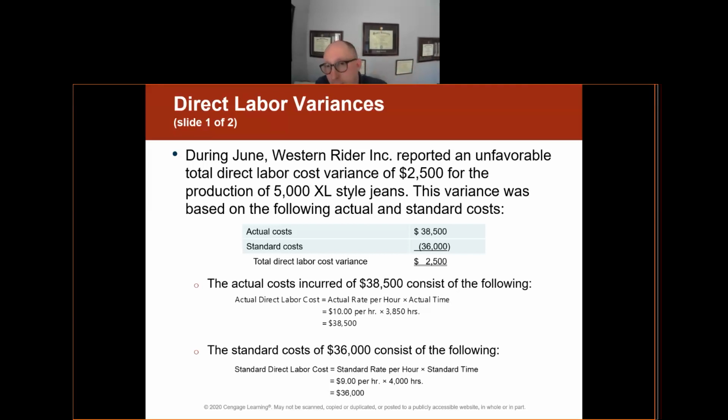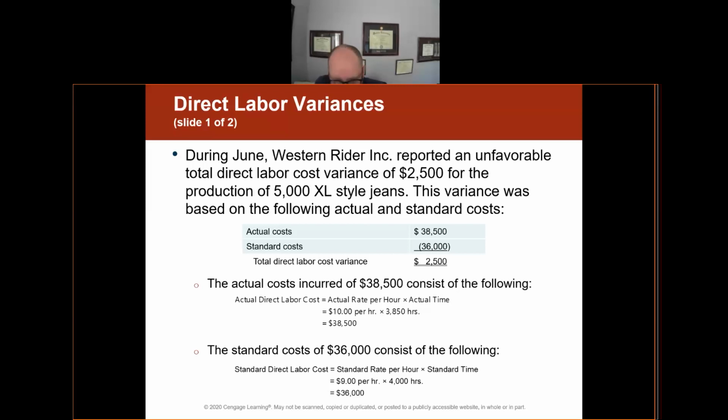Okay, so in the month of June, as you know, we reported an unfavorable total direct labor variance of $2,500 when we manufactured the 5,000 pairs of blue jeans for the month of June. Our actual cost for labor was $38,500. Our budgeted or standard cost was $36,000. That gives us an unfavorable variance of $2,500.